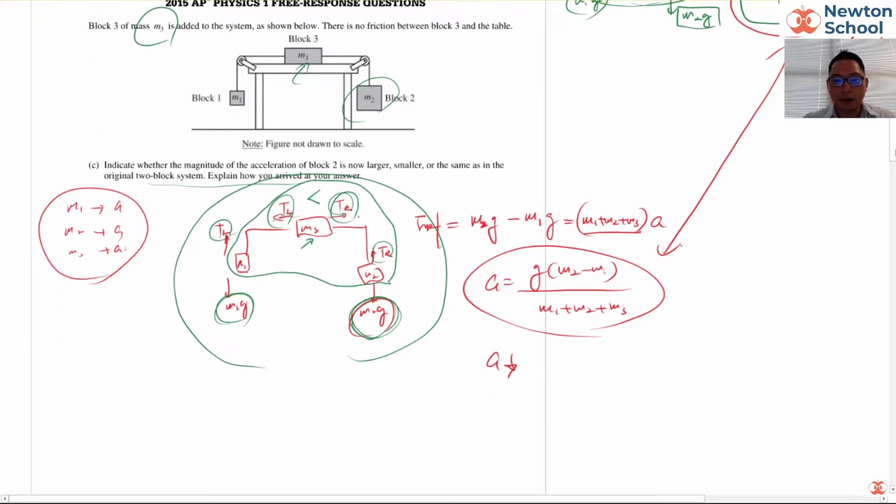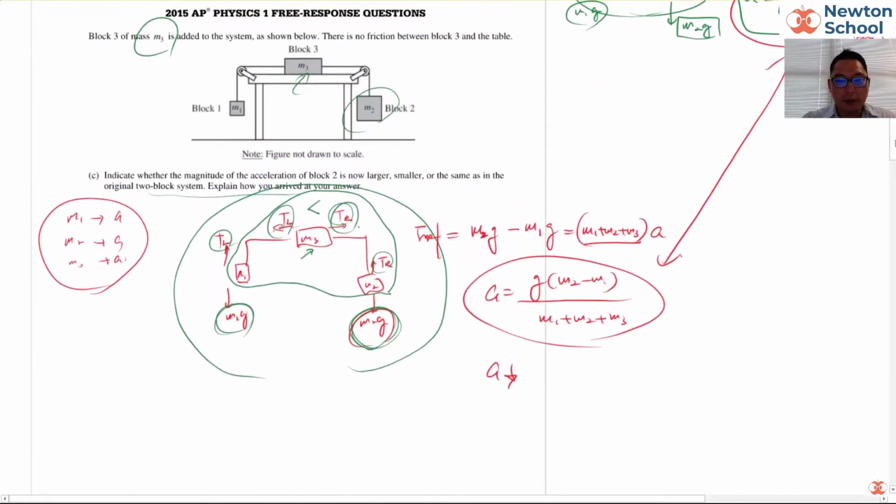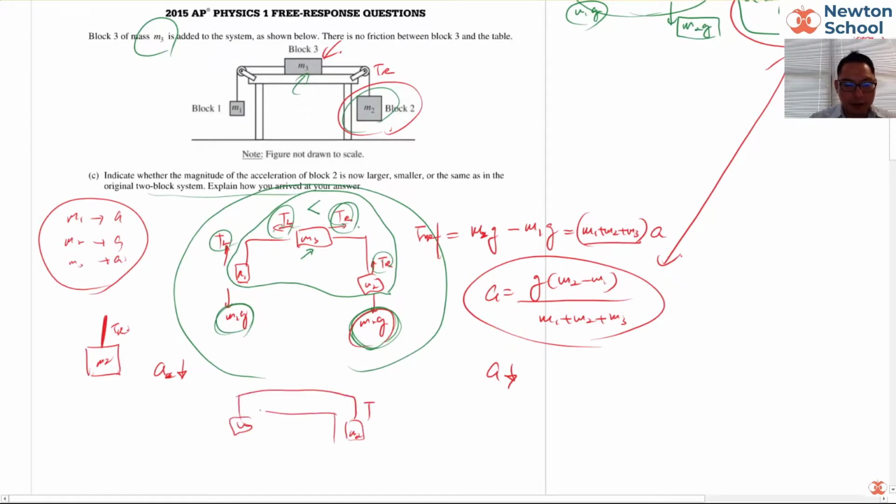Okay, acceleration gets smaller. Actually, let's go back to this. I want to note one more thing. Here we know the acceleration of M2 gets smaller because of this added mass. Then what happens to this tension? Compare this tension, I'll call it TR, to the original question. The original question had M2 here and M1 here, so I'll just call it T in that case.